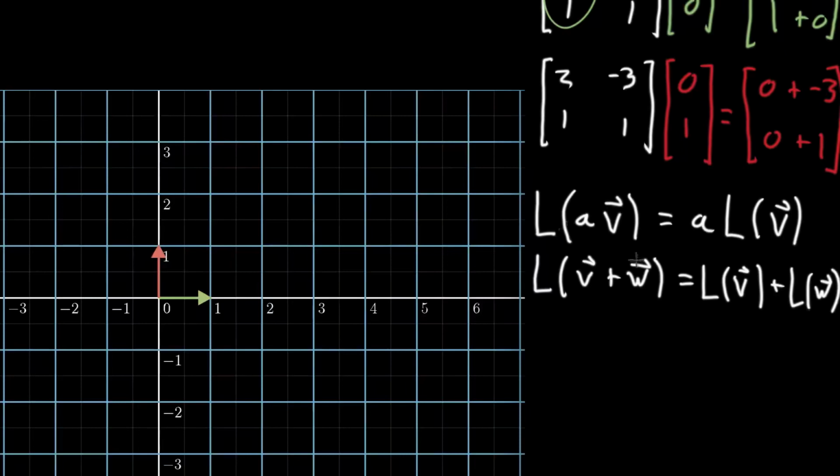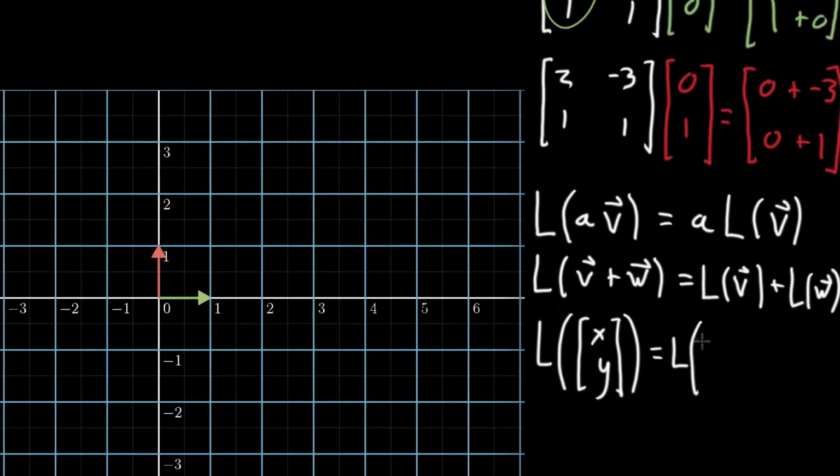And one of the most important consequences of this formal definition of linearity is that if you take your function and apply it to some vector, x y, well, I can split up that vector as x times the first basis vector, x times 1, 0, plus y times that second basis vector, 0, 1.